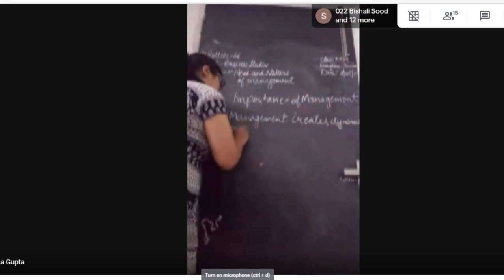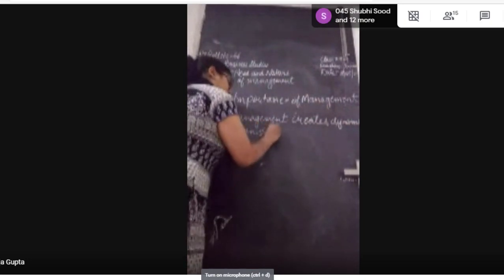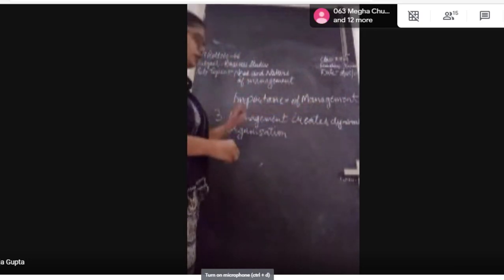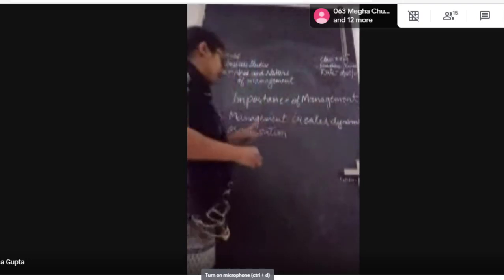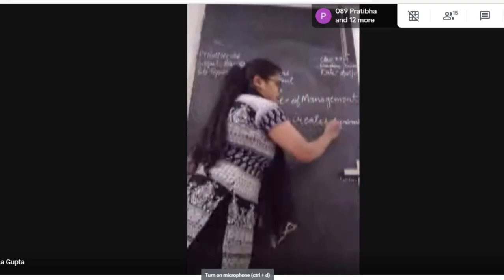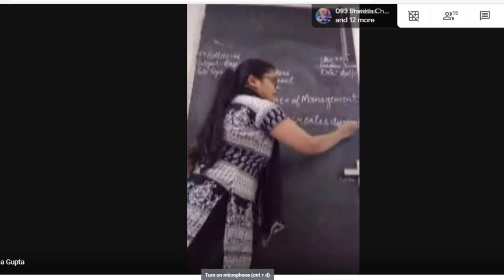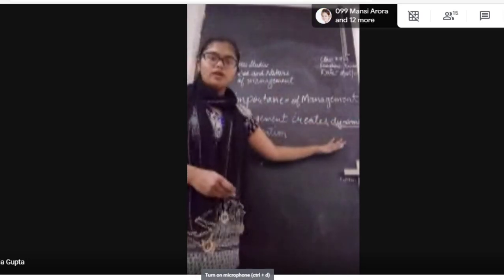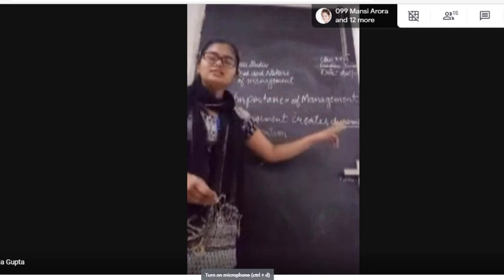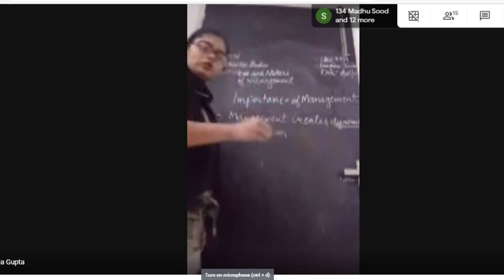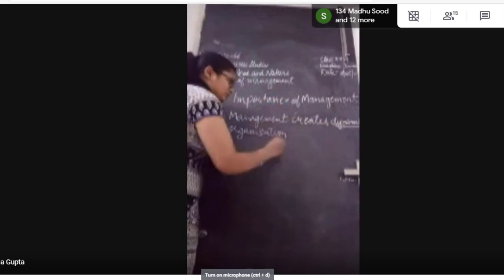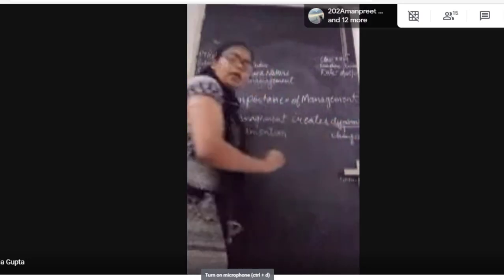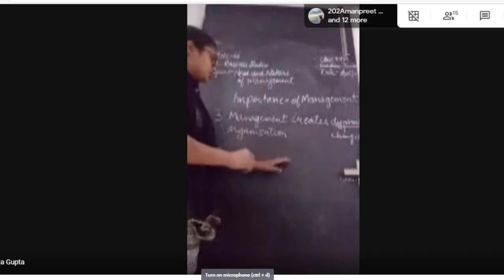So the third point of importance of management is management creates dynamic organization. What does this word dynamic mean? Dynamic means the continuous changes occurring in the business world. You can write down in your notebook what this word dynamic means: changes going on in the business environment. So this point states that management creates dynamic organization.